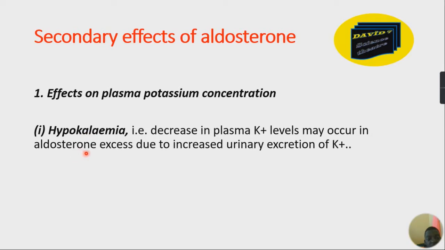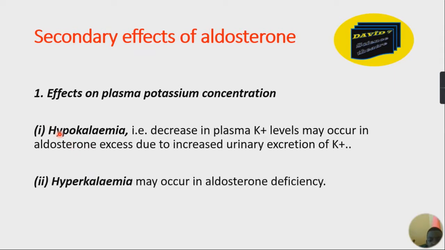Hypokalemia may occur in aldosterone excess due to increased urinary excretion of potassium. Aldosterone stimulates excretion of potassium, so it may cause hypokalemia if it is produced in excess. And if aldosterone is deficient, hyperkalemia might result.